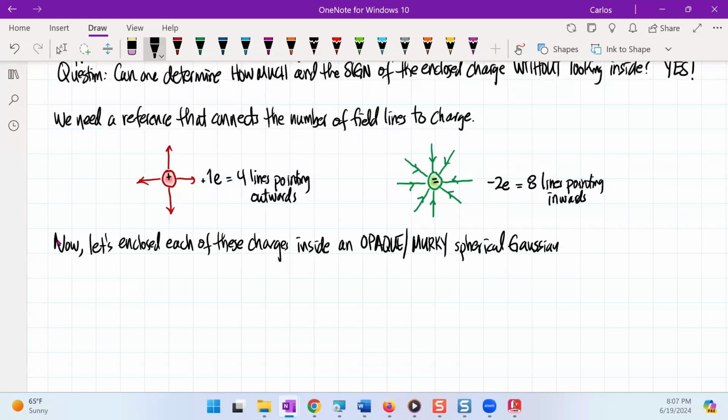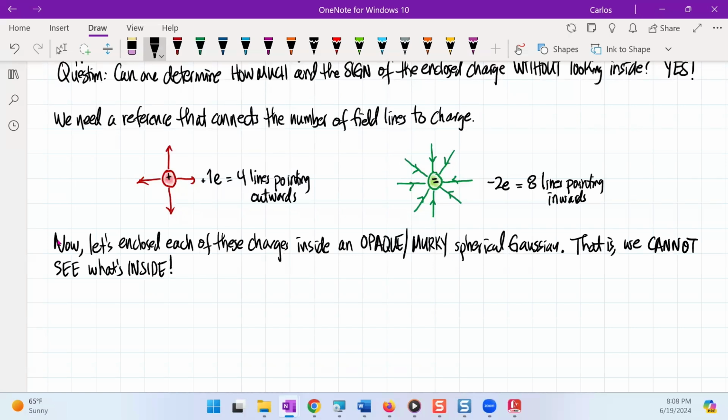Now we have to be careful here. When I say spherical Gaussian, I really mean a spherical shell. So what do I mean by opaque or murky? That is, we cannot see what's inside. That's an important point.